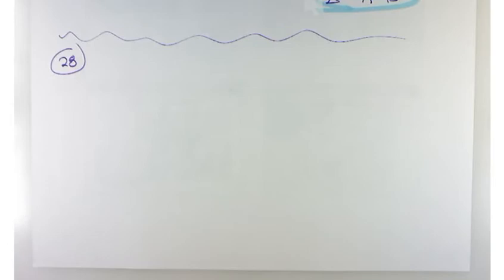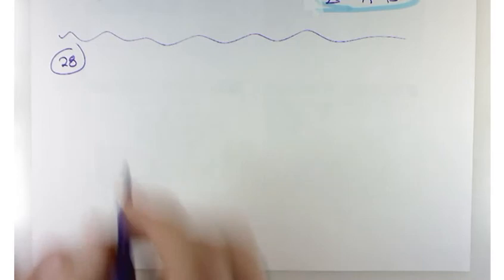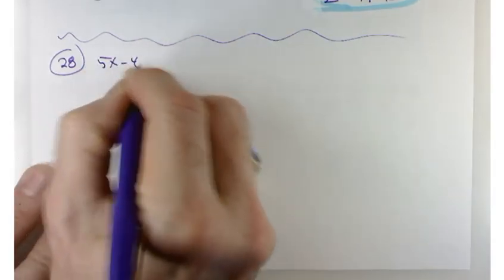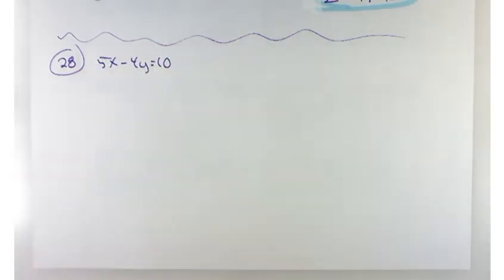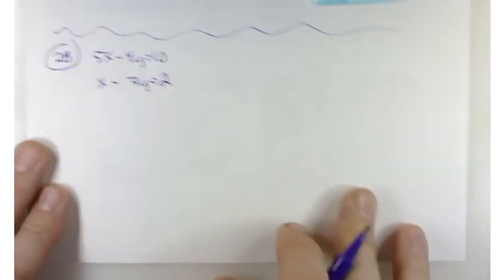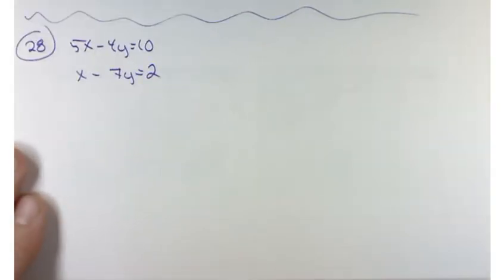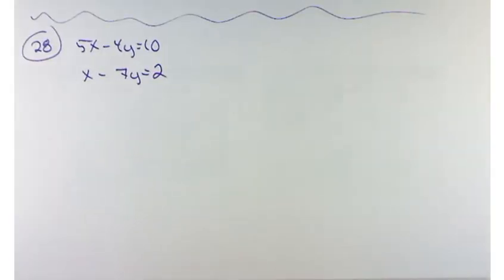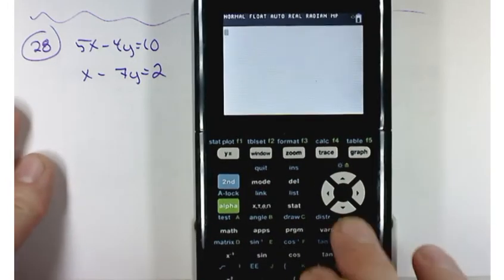So it's 5x minus 4y equals 10 and x minus 7y equals 2. I mean, it almost feels like overkill to use the inverse matrix on a problem like this, but we're doing it for the practice. I'm going to stay here and just do it on my graphing calculator this way.